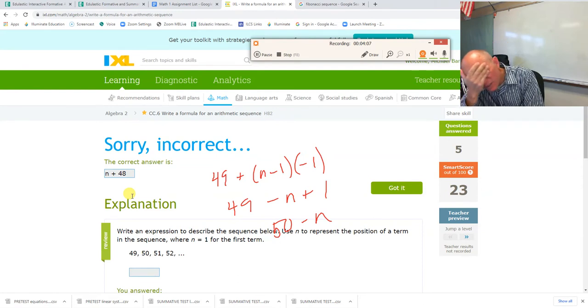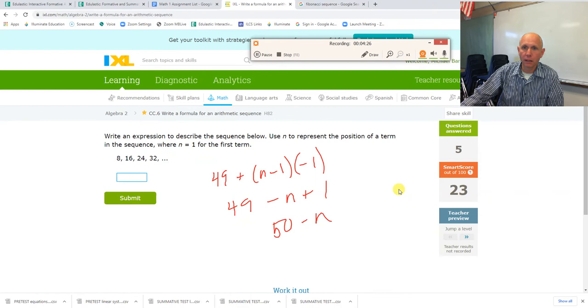Oh my goodness. The difference is a positive 1. The difference is a positive 1, Barr. Whoa. I'm getting destroyed by this thing. This should have been a positive right here. It should have been a positive, and I put it in as a negative. Okay, let's pretend like I got it.